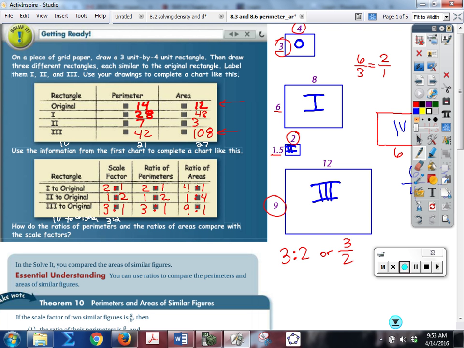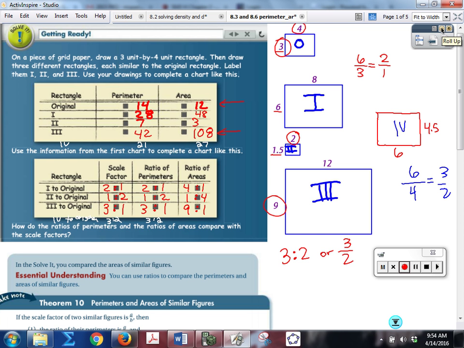What about the perimeters? 21 to 14, 3 to 2 still? Okay, the areas, we've got, what is 27 to 12? 9 to 4?